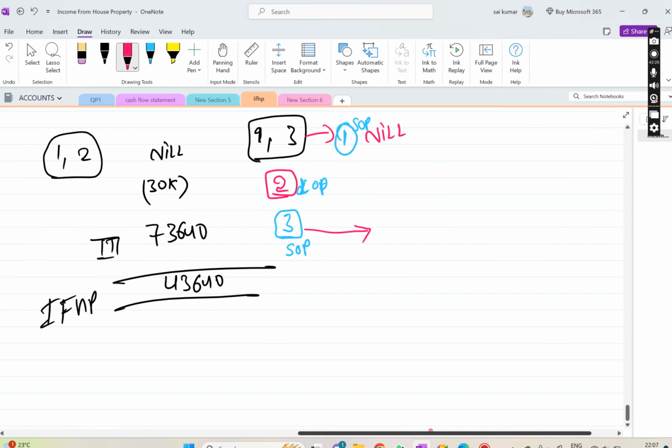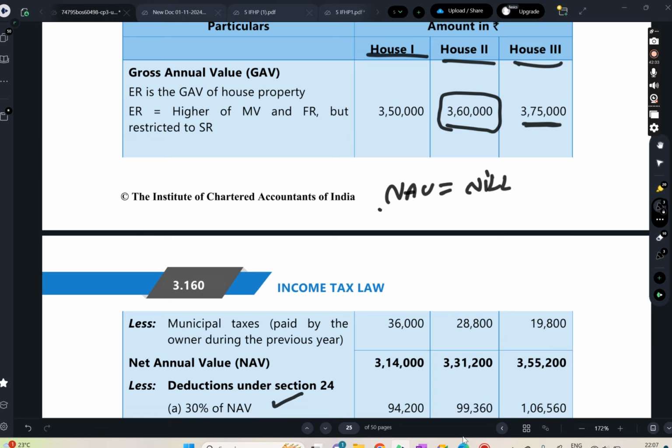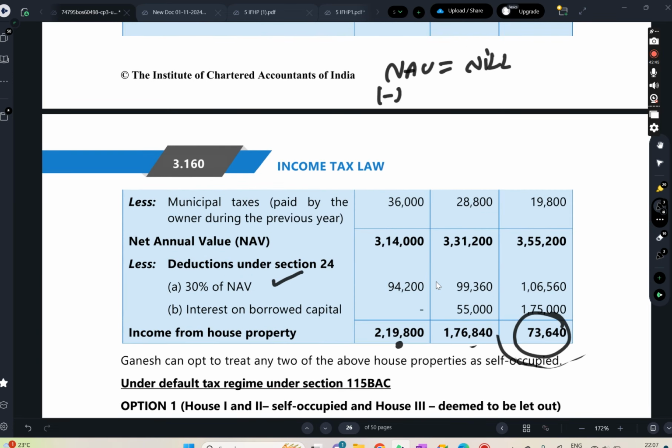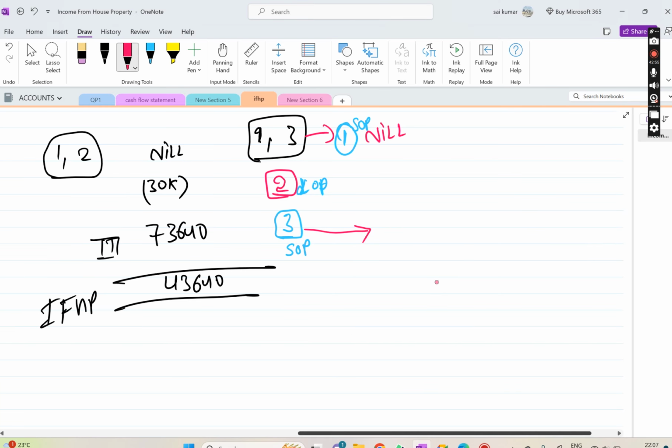Am I taking the right combination? Yeah, 1 and 3 I am taking as self occupied property. So NAV will be nil minus deduction under section 24. Interest on borrowed capital, do I have any? I have 1,75,000 interest on borrowed capital which I can claim. So I will get loss from house property 1,75,000.